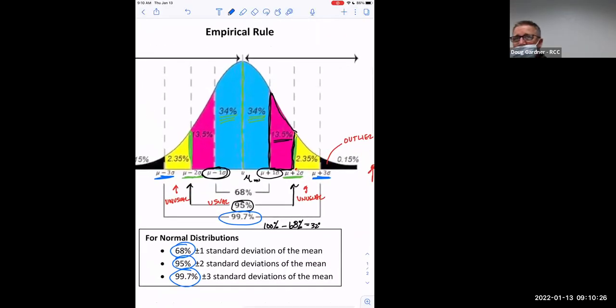What you're going to be asked in your assignment is to use these percentages. And I'd like you to practice that a little bit right now for the sake of your assignment. It's not just going to say, what percent are between 1 and -1 standard deviations, and then you go, oh, look, it's 68%. It's going to ask you questions that make you think a little bit harder than that.